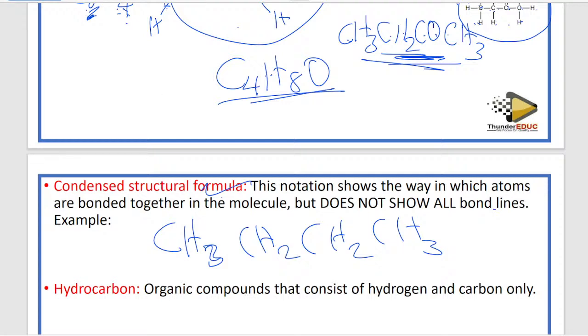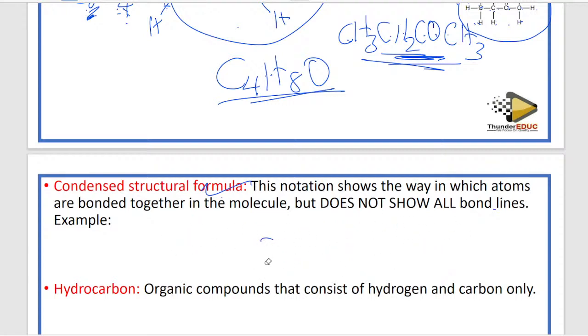However, we can also have something like this. It is also called the condensed structure formula, for other molecules like CH2, CH3, CH3, and then I put a double bond there. It doesn't show all the bonds.